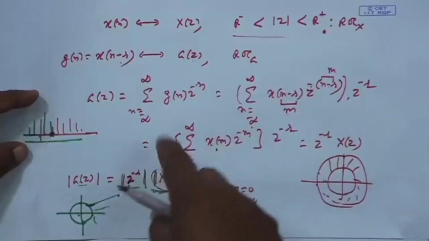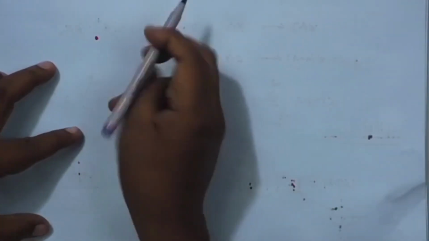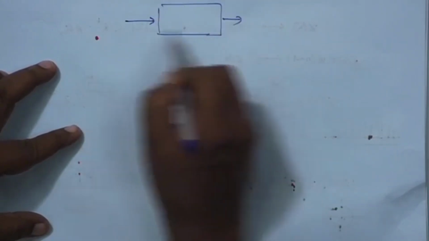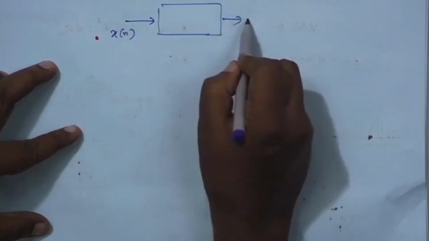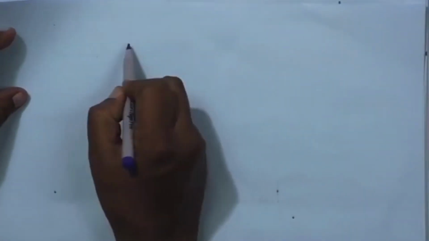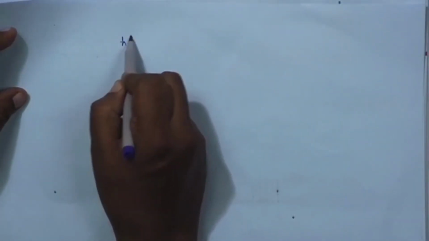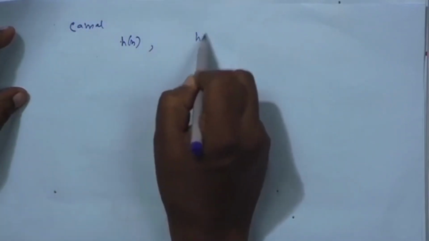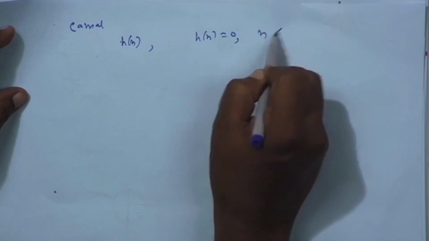Now, we have seen convolution, we have seen delay, shift, and now suppose you got a rational system. Yeah, but before that something more. Suppose there is a causal sequence h[n], causal. That means h[n] equal to 0 for n less than 0.